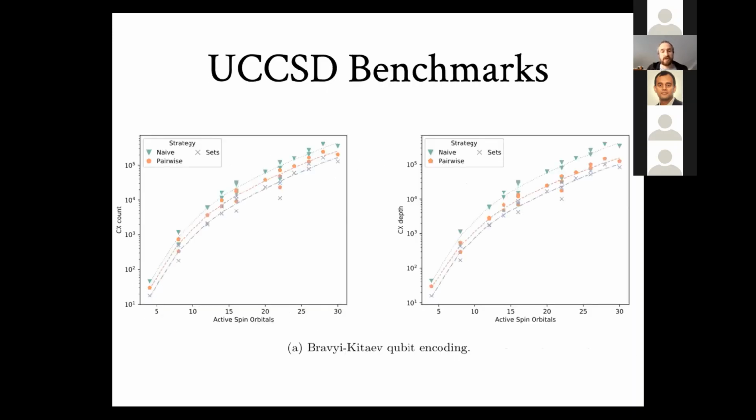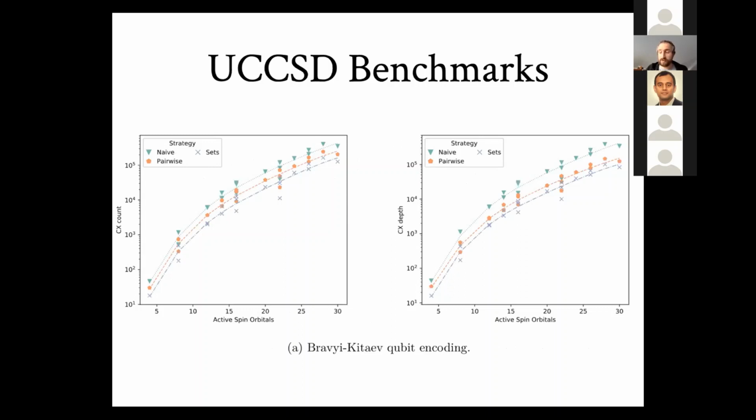And so if we compare the results that you get from starting at the higher level and using your knowledge of the problem structure versus what you would get by going naively from the problem to circuits, then you can achieve almost an order of magnitude improvement in the depth of your circuit.